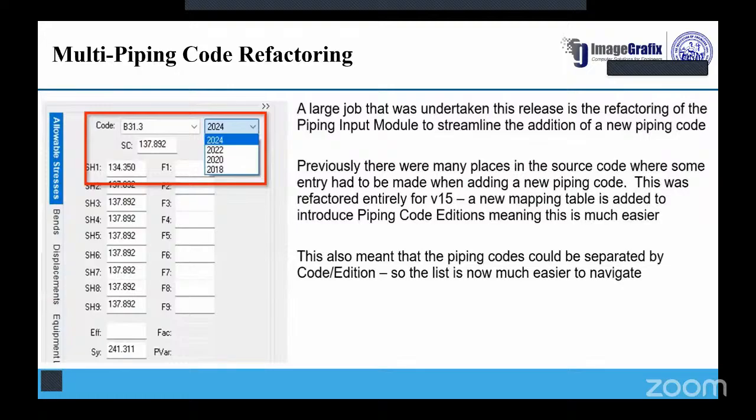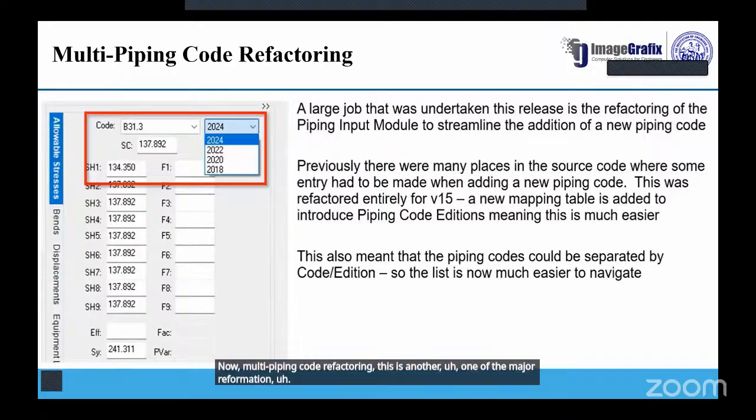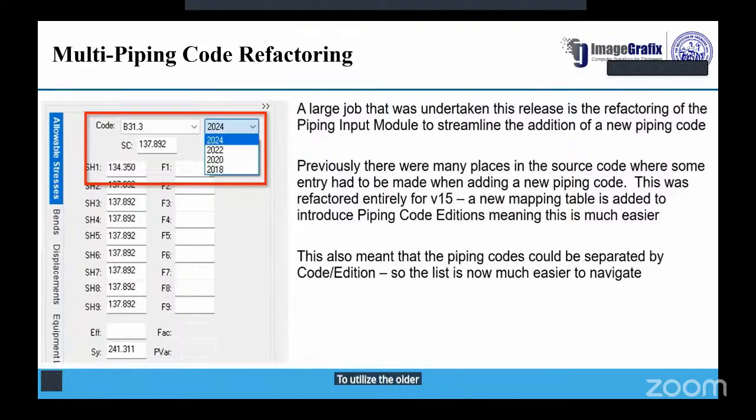Now, multi-piping code refactoring is another one of the major reformations in CAESAR II, because earlier also, from version 12 itself, we could use multiple codes. We do not have to utilize the older edition of the software.